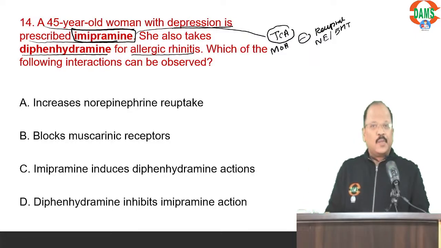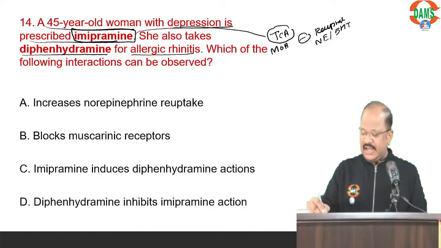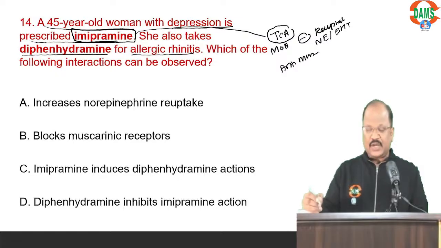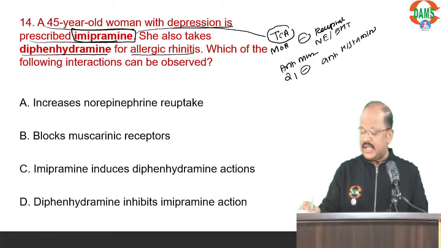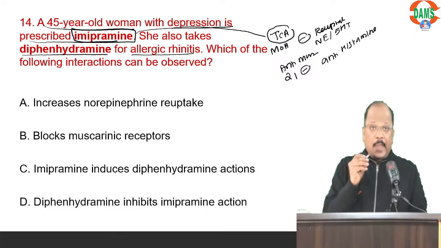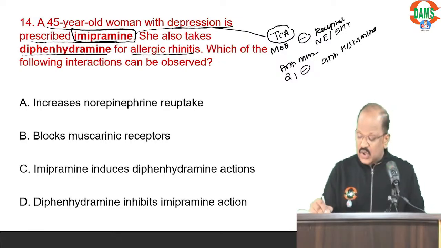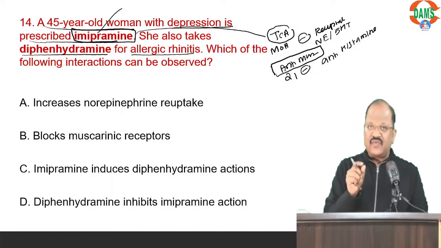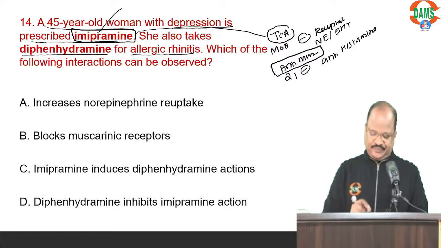Most TCAs additionally have anti-muscarinic, that is anticholinergic, action, and alpha blocking action plus antihistaminic action also. These are common properties of the majority. Imipramine has very strong anti-muscarinic action, so it can be useful for treatment of nocturnal enuresis also.